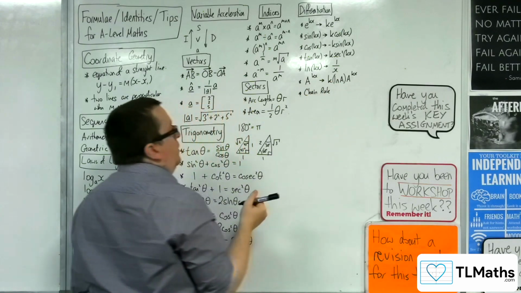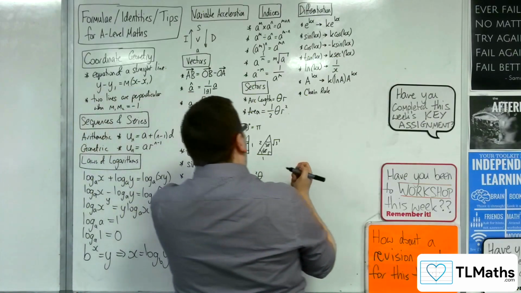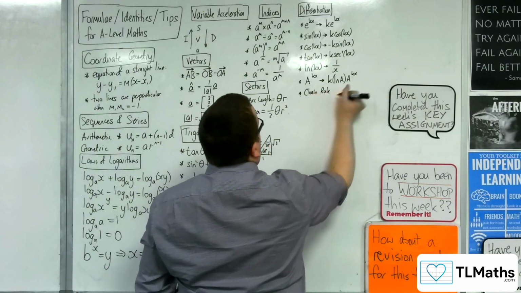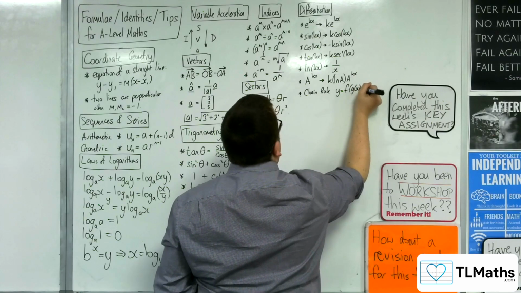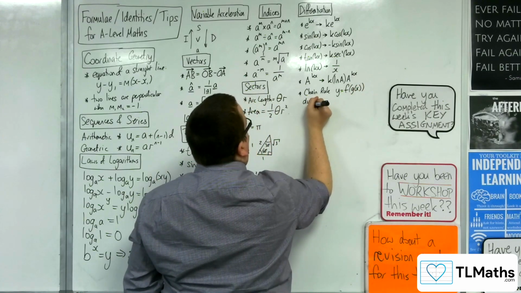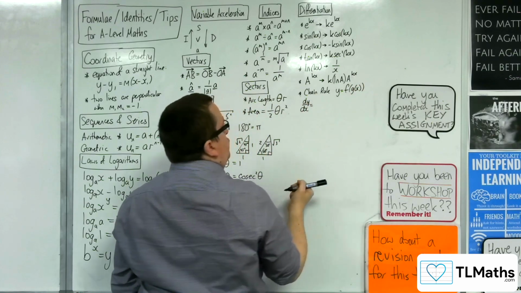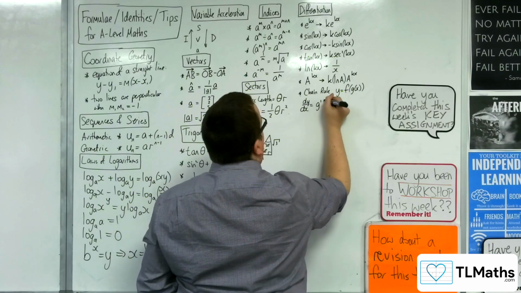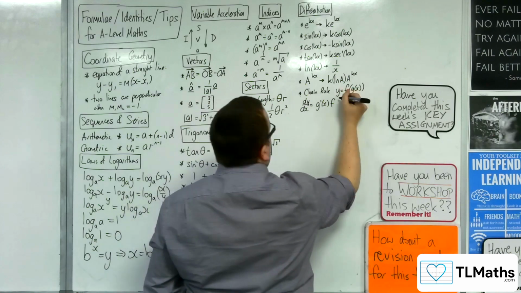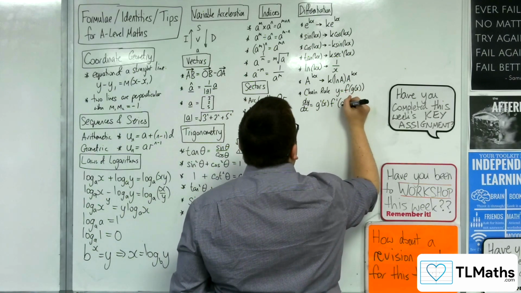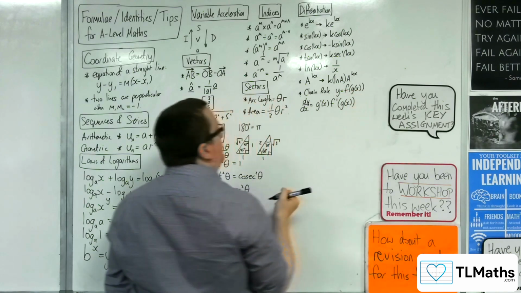So the chain rule allows you to differentiate things like y is equal to f of g of x. So dy by dx, the derivative of what's inside comes outside. The exterior function differentiates, but the interior function stays the same.